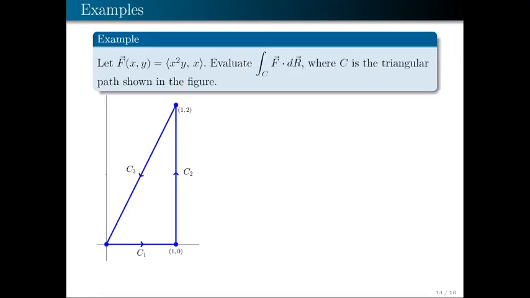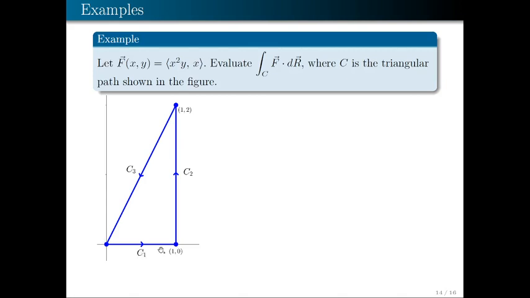So for the last example, suppose here we have f given by x squared y and x, and we want to find the line integral of f dr over the curve C, where C is the triangular path shown below. So we have a triangle having vertices at the origin, at (1, 0), and at (1, 2). Notice that this curve C here is piecewise smooth.